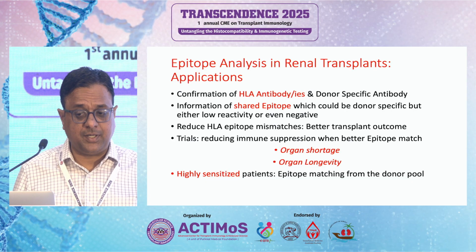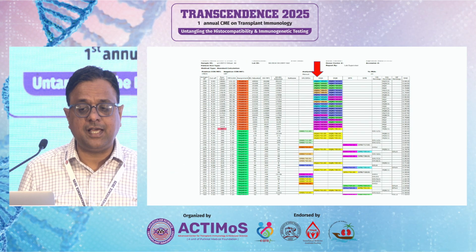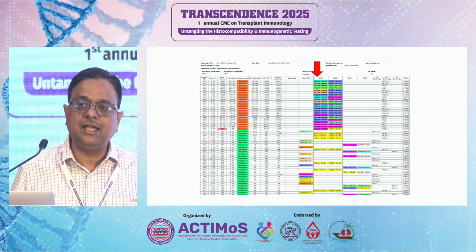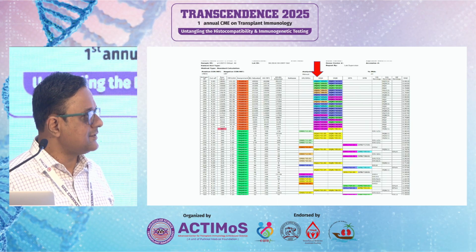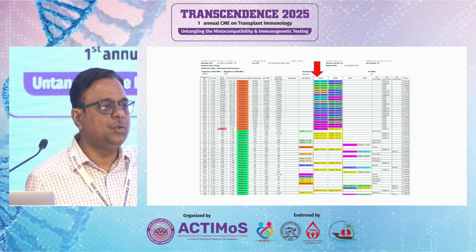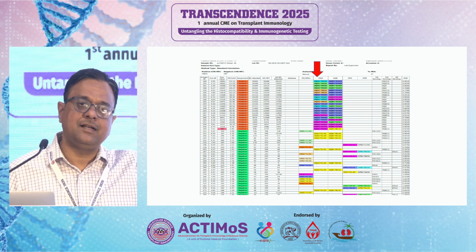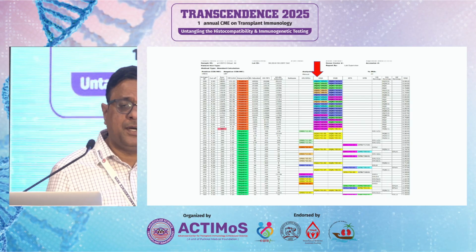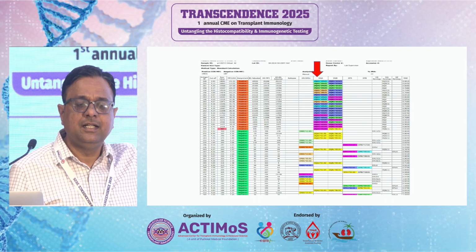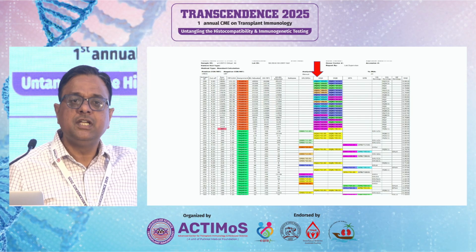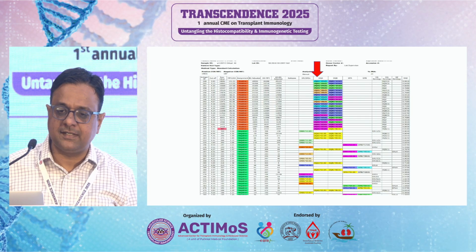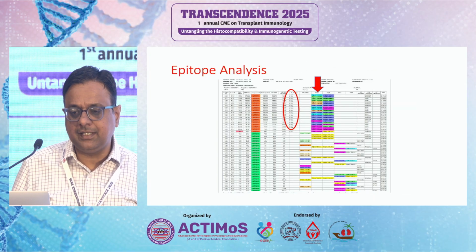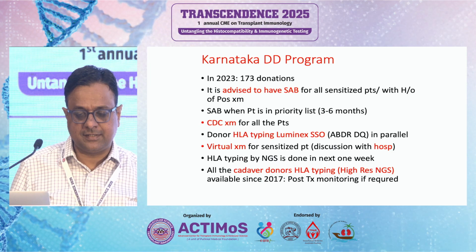So this is one piece of information. The second is that with the help of epitope matching, we can clearly define our antibodies. Like Dr. Praveen was just mentioning, if a donor has an antibody whose epitope is shared by some other allele, we get this information of epitope sharing from epitope analysis. These are the two applications we have in our transplant program till now.